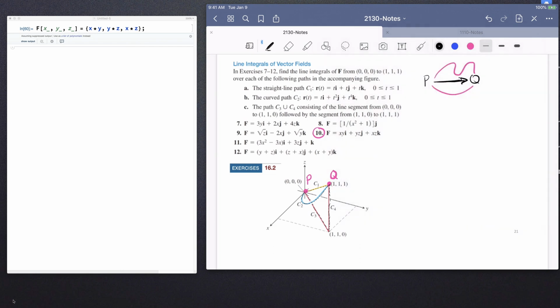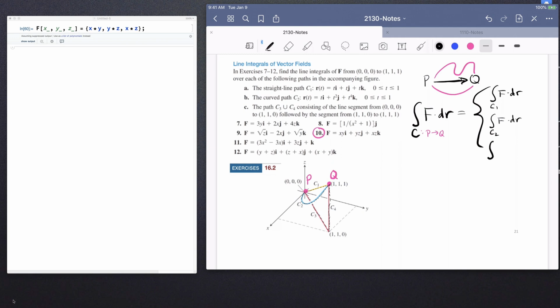As we look at a line integral of a vector field along a path C, there's the line integral along the path C1, just one arc of the path, or we can do the line integral along the path C2, or we can find the line integral from P to Q. This curve C is just going from P to Q. We can split along C3 and C4, so we can do the integral in two pieces.